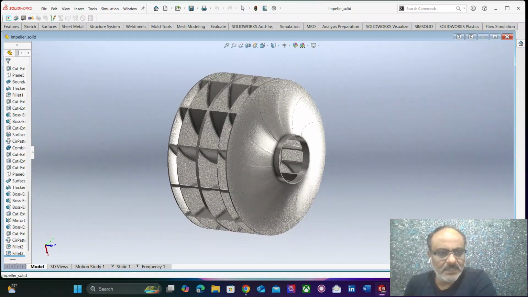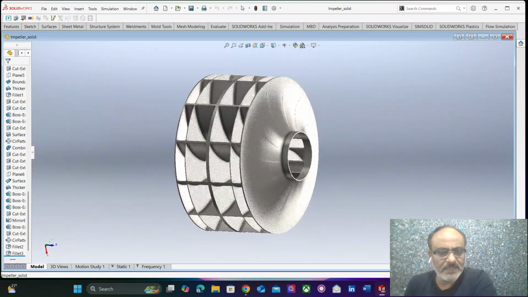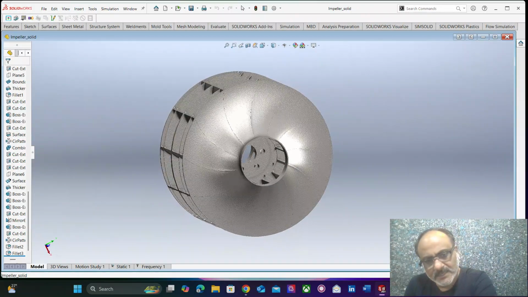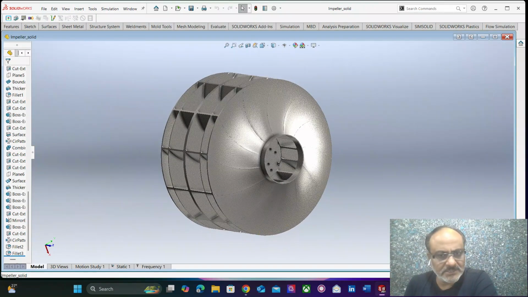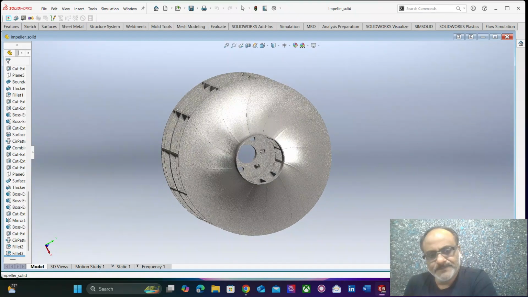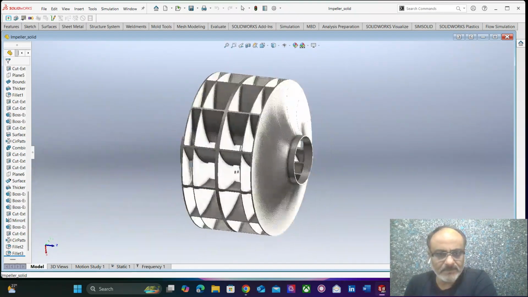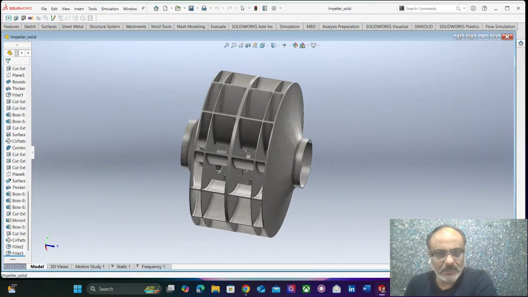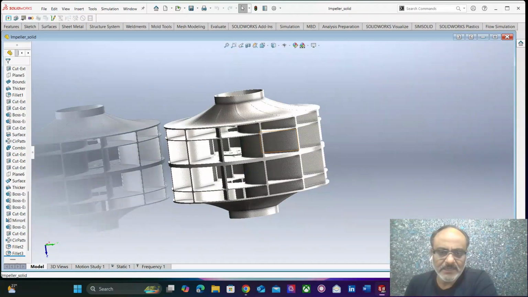Then a simulation, a computer-aided engineering finite element analysis, was performed on the structure, and the stresses and the deformations were studied. This particular impeller has a central disc, a top and a bottom stiffener, a top and bottom shroud, and then a top and bottom crown.